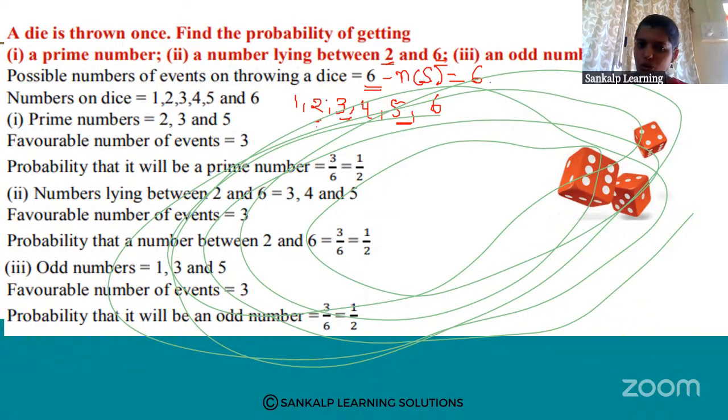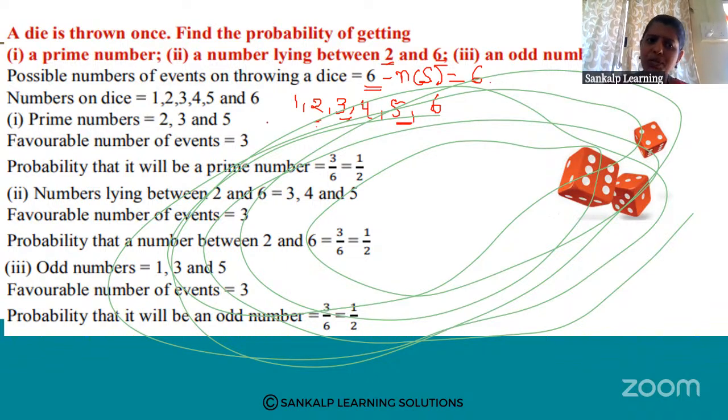What do you mean by a prime number? The number which is divisible only by itself and 1, that number we call a prime number. So 2, 3 and 5, 3 prime numbers are there.